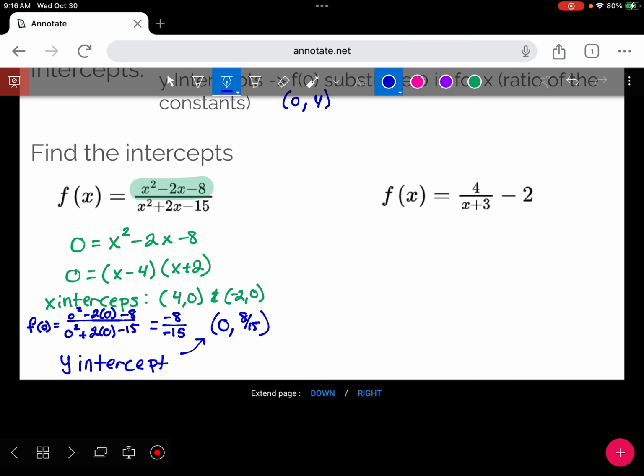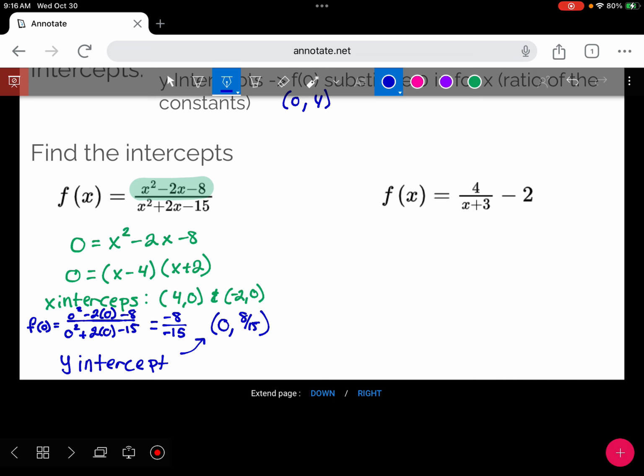All right. So the one on the right is not in our p of x over q of x form. It's in a different form, our transformation form. So in order to use our ratios and those kinds of things, we're going to simplify this and put it back into our p of x over q of x form. So we're going to have a common denominator.